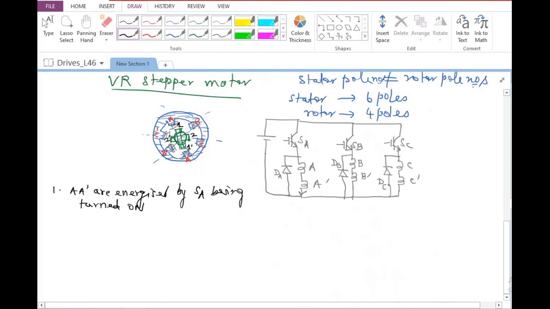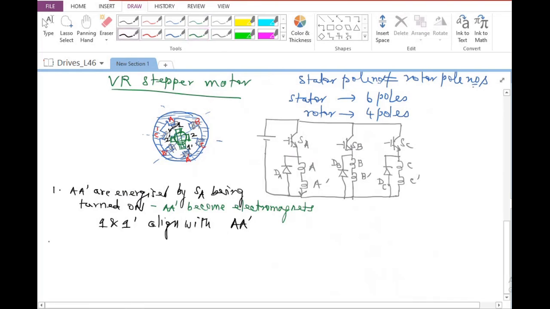Immediately what is going to happen is 1 and 1 dash will move probably in the anti-clockwise direction like this, because of which 1 and 1 dash align with A and A dash, because A and A dash will become electromagnets. So it will be attracting 1 and 1 dash. So it is going to move slightly in the anti-clockwise direction.